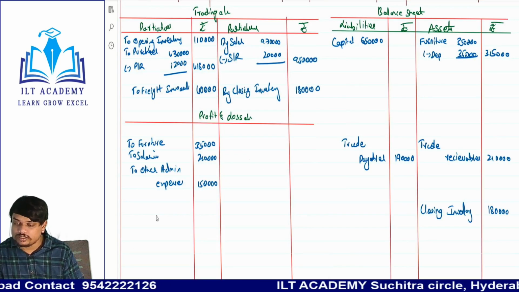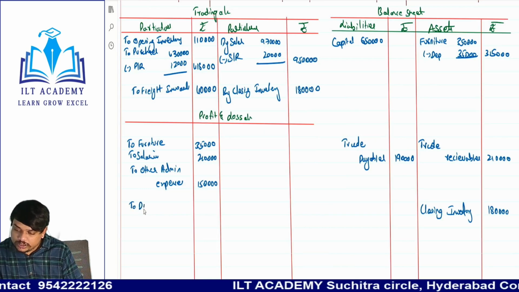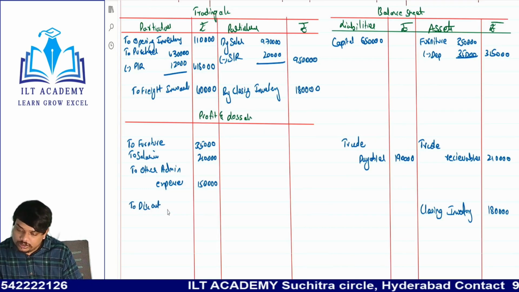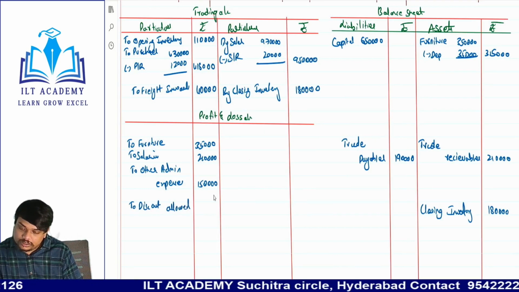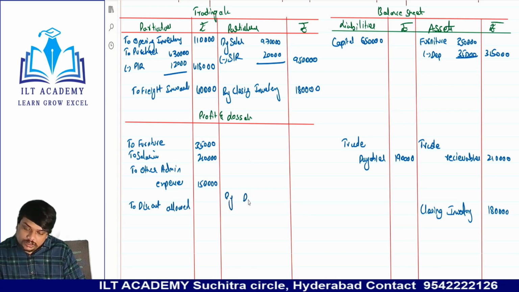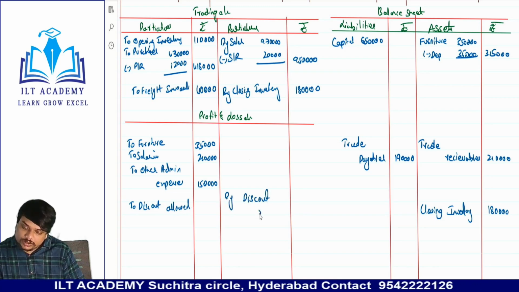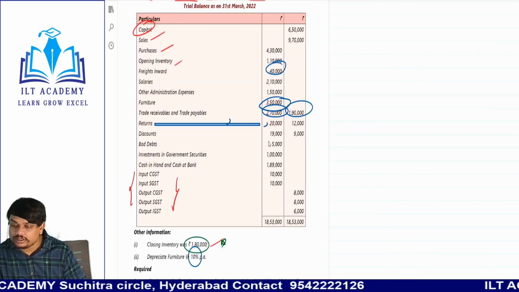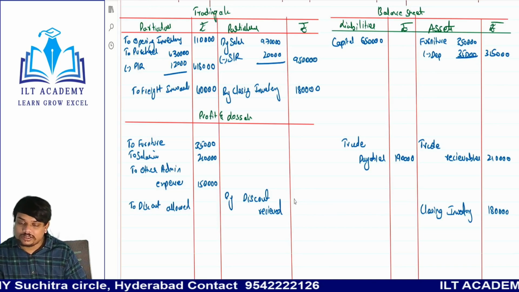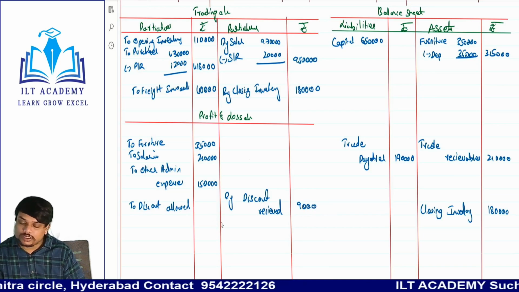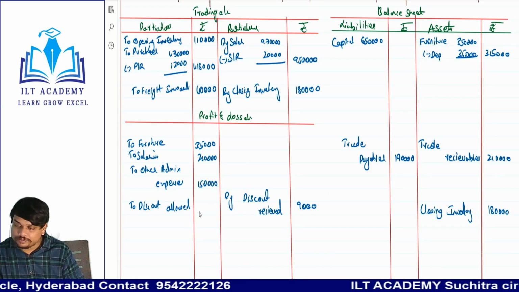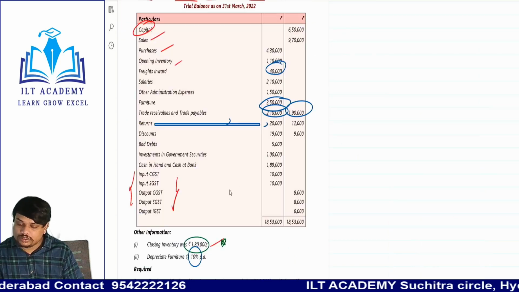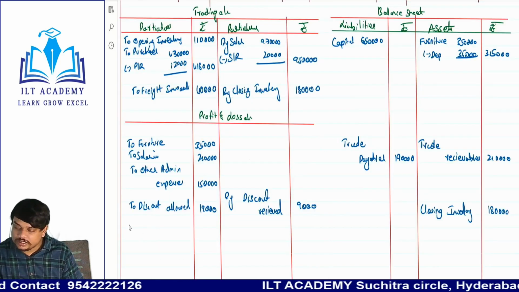Returns done. Discount. Two types of discounts are there. One is discount allowed. The other one is discount received. Discount received to be 9,000 and discount allowed to be 19,000. Next we are having bad debts.